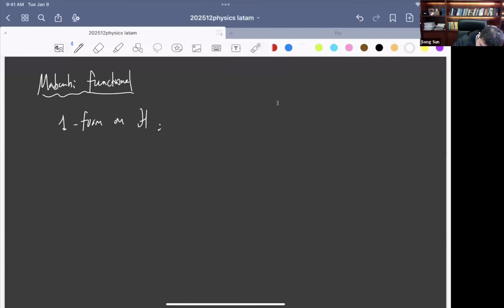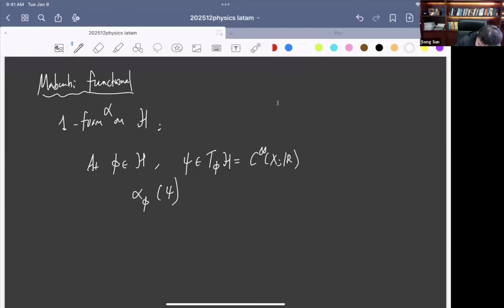So what is the form? Let's say alpha. At phi in H, you take a psi in the tangent space, which is C infinity functions. The alpha at phi, acting on a tangent vector, should give you a number, and the number is given, again, by an L2 inner product. You are pairing psi with something else. What is the other function?